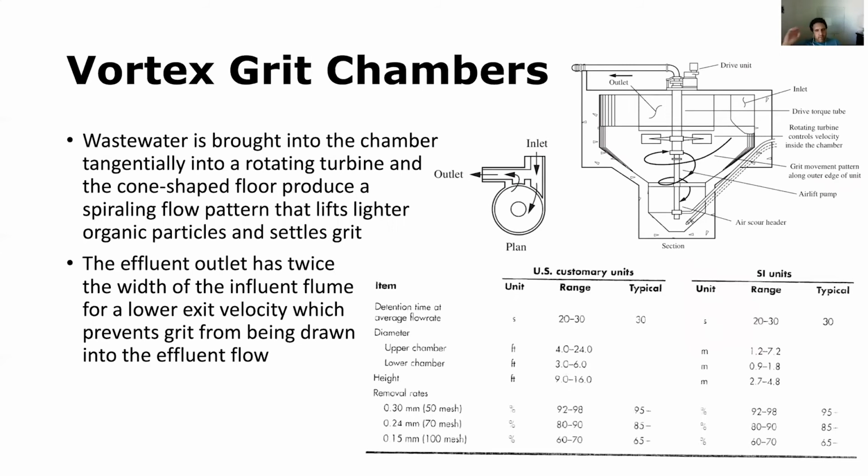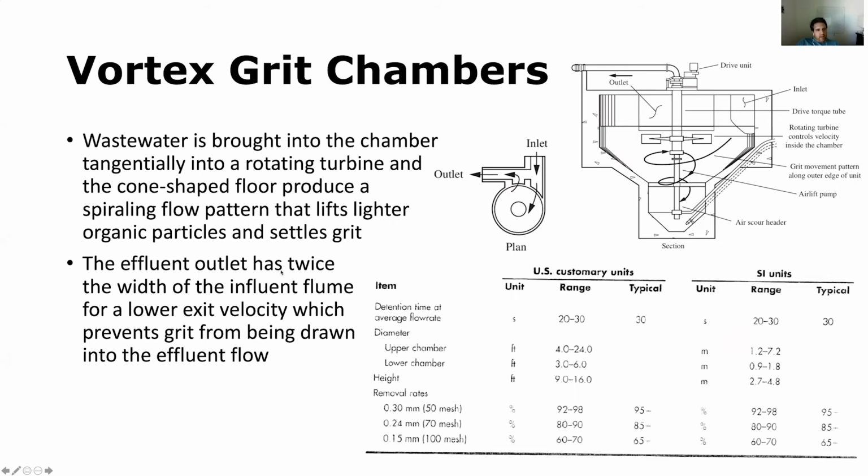A vortex grit chamber also has these typical design ranges. So we've got wastewater brought into the chamber tangentially, and it again creates this vortex motion. So the inlet's here, the wastewater comes in, if you can see on a plan view, moves around in a spiral form, and then finally goes out through the outlet. The heavier grit, as it goes through the spiral, is driven downwards and is removed from the bottom here.